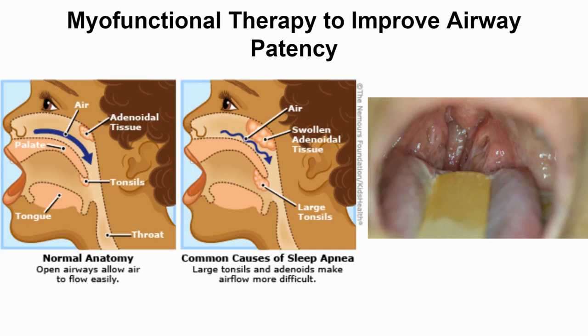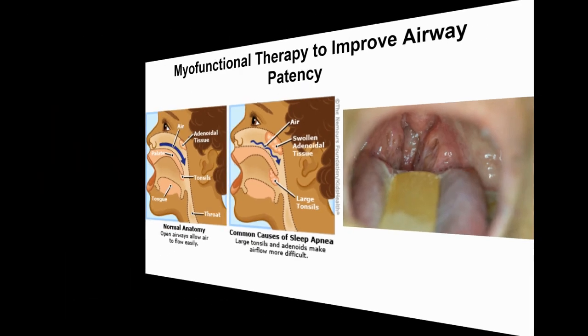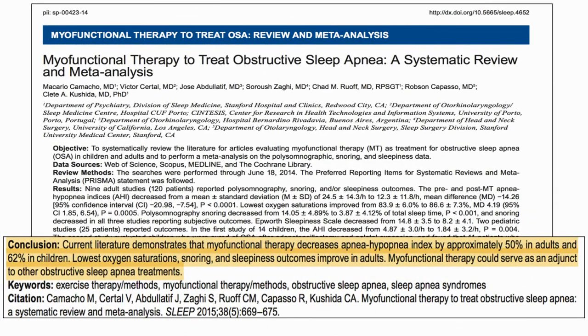Now, myofunctional therapy should also be performed after the surgical procedure in order to create proper oral resting posture and help promote proper nasal breathing. Now, the rehabilitation process of the orofacial and oropharyngeal muscle groups creates adequate airway patency.